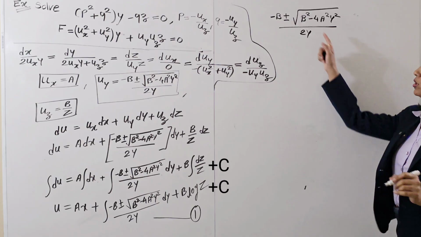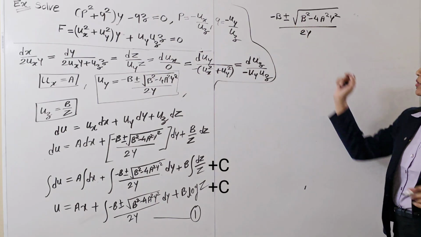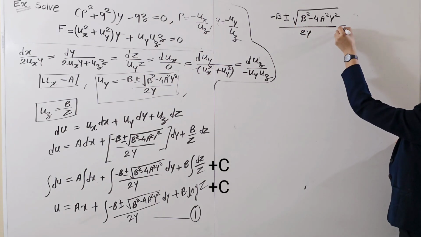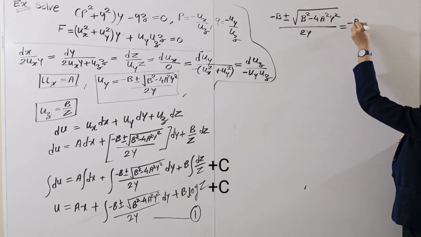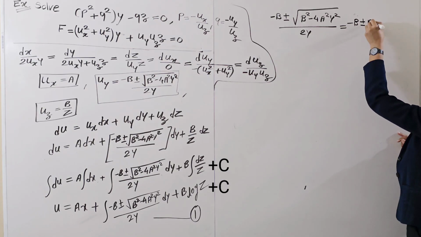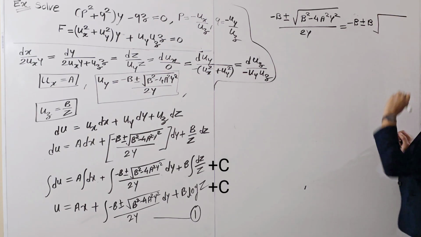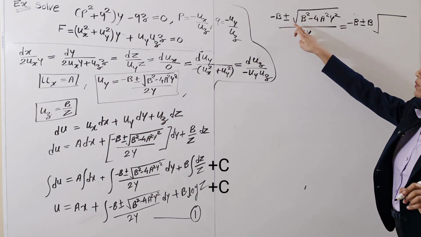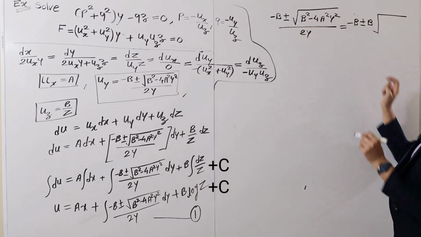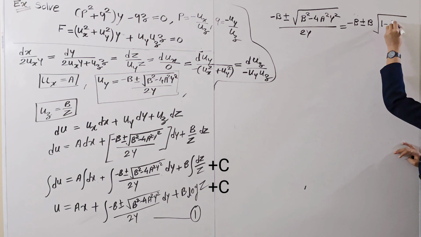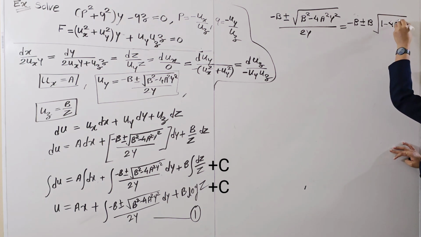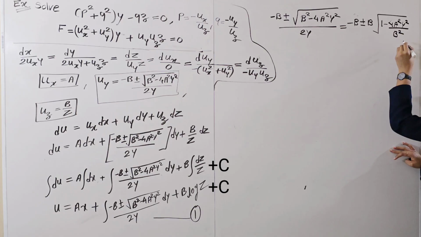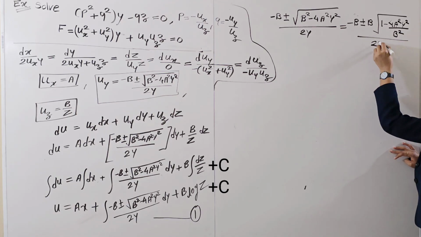From this root take b square common. So if we take b square common, you get minus b plus minus b root of 1 minus 4 a square y square divided by b square, all divided by 2y.